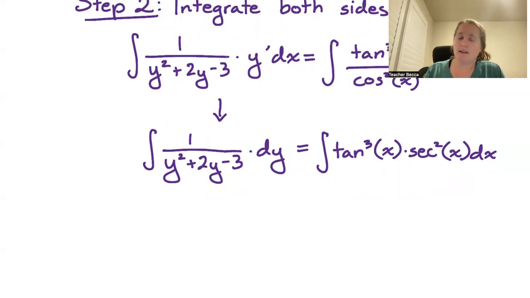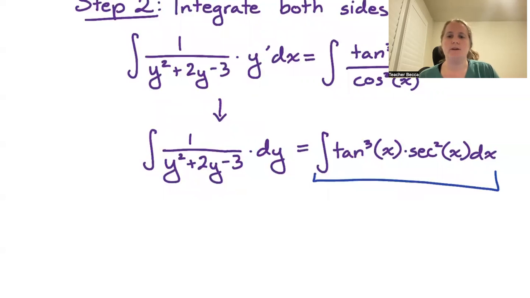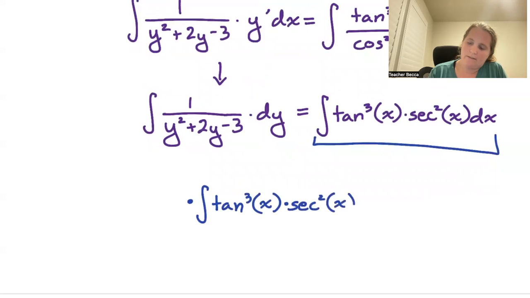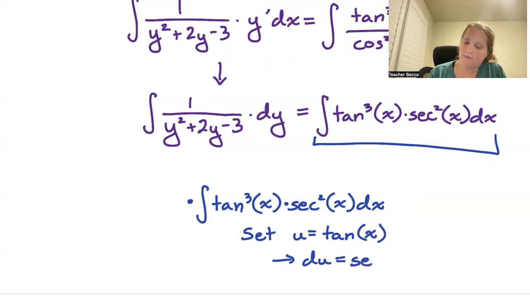This right-hand side lends itself perfectly to u substitution with our various trig integrals. So let's do that one first. The integral of tangent cubed x times secant squared x dx. We can go ahead and set u to be tangent of x, and that means that du would be secant squared x dx.